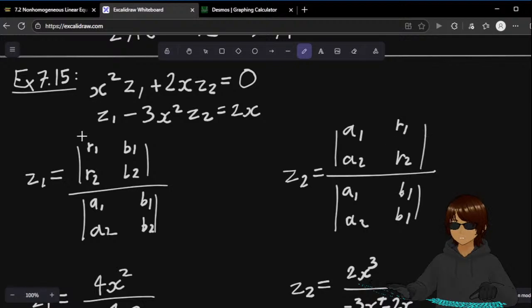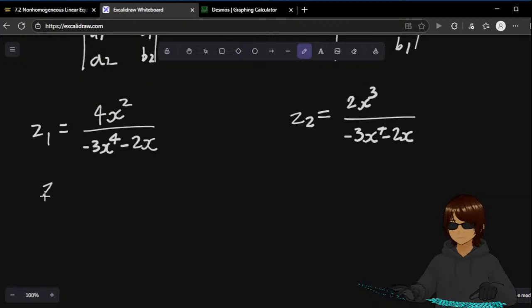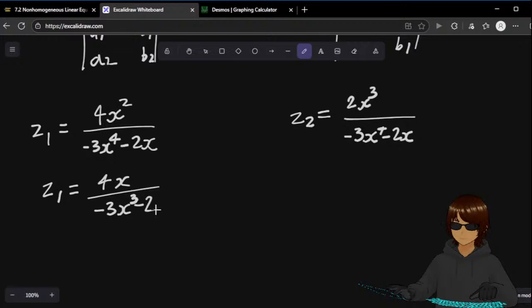A2 R1 is just 0. So Z is equal to, I remove 1x from here.